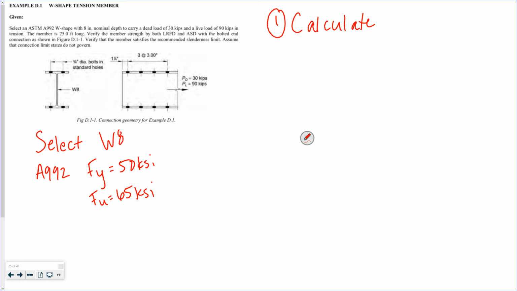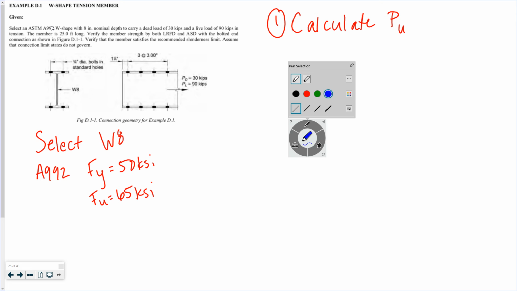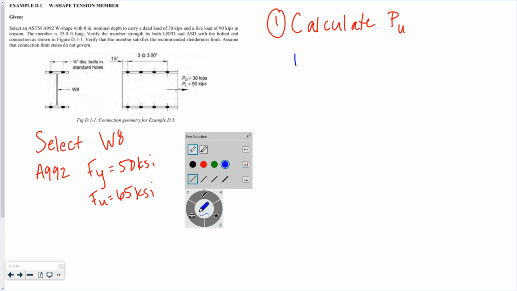calculate our required strength, our factored load. So PU is 1.2 dead plus 1.6 live.